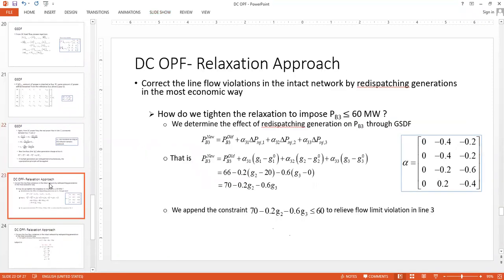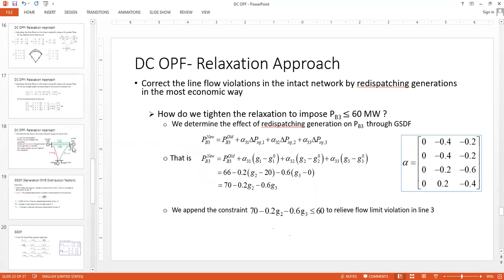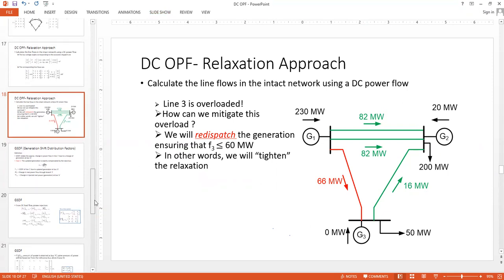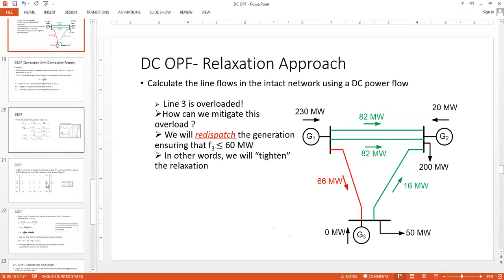So now we will go back to the same problem, and let's go back to this slide first. Using the knowledge of GSDF, we will try to limit this flow, or update this flow, and fix it at 60 megawatt maximum. In doing that, we will see how we are going to update the contribution of the generating units. So this is the next part of the solution of the same problem.